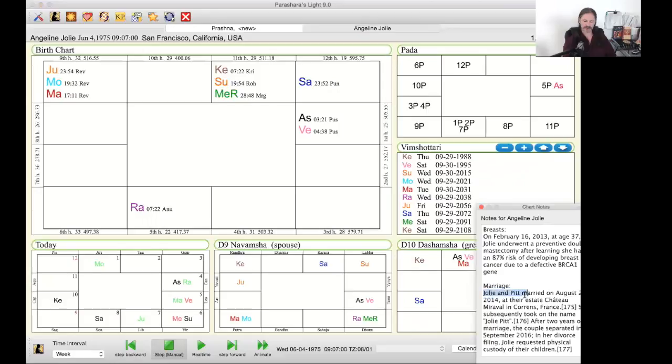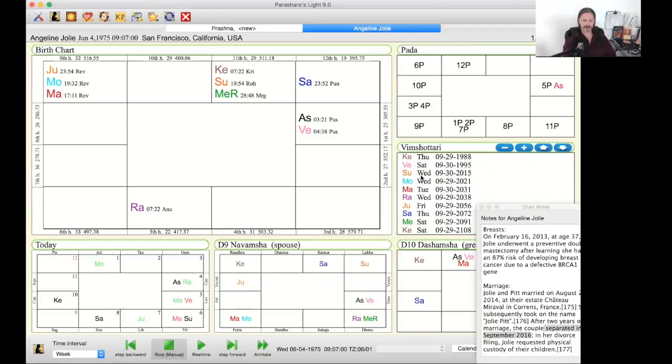Now, actually, Jolie and Brad Pitt married August 23rd, 2014. And then they separated 2 years later in September 2016. So this is very interesting as well. You can see that Angelina Jolie had a change of her dashas as well.